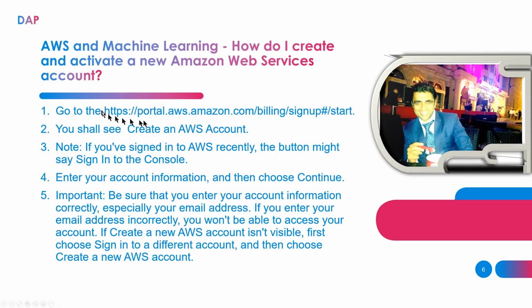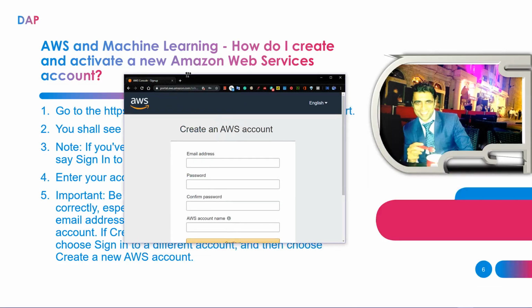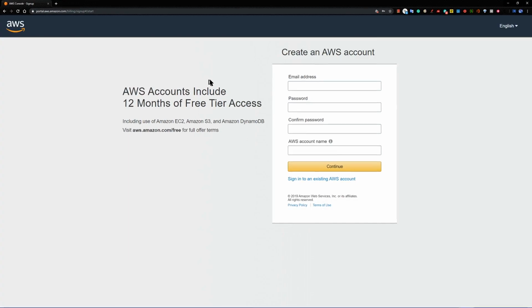This is what you need to write in your browser. Once you click on this website, this is the page which you are going to get, portal.aws.amazon.com with the extension.